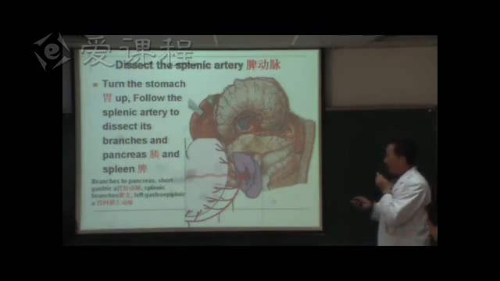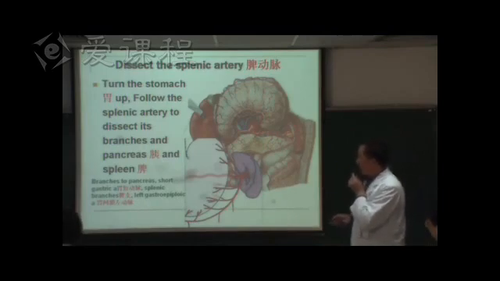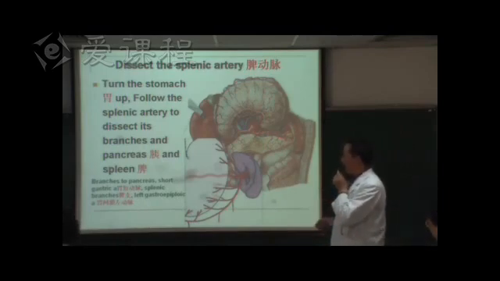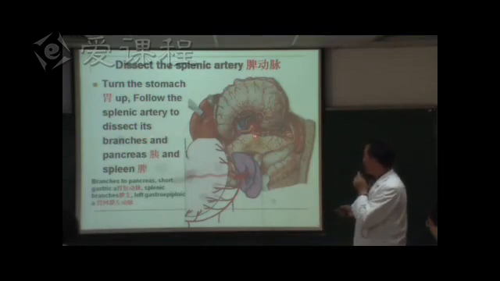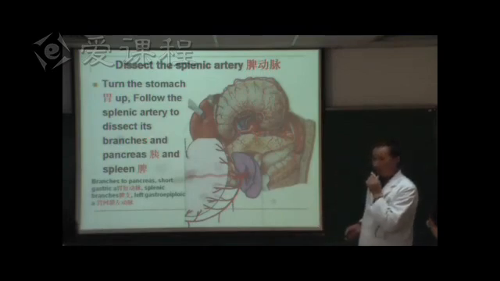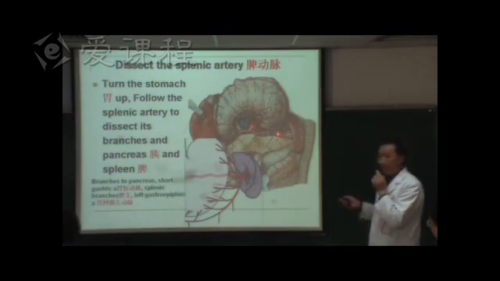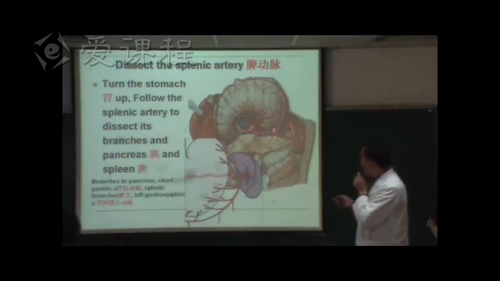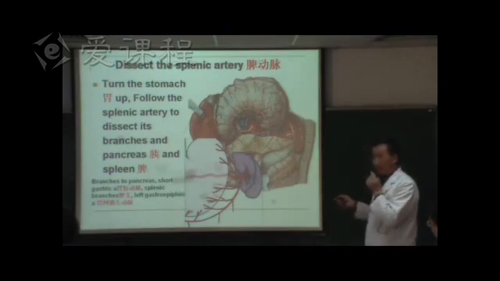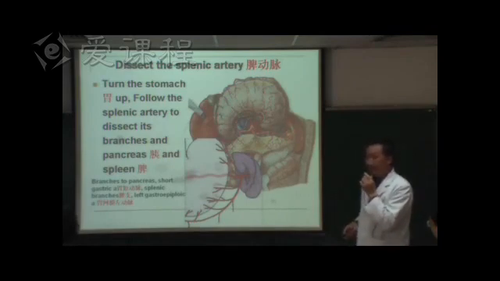You can identify the branches of the splenic artery. You can see at the end of the splenic artery, it gives several branches.